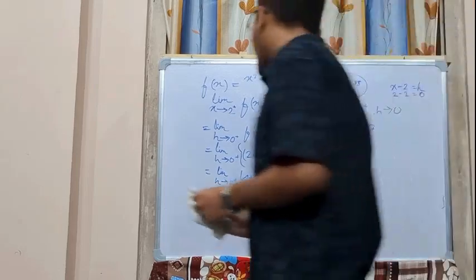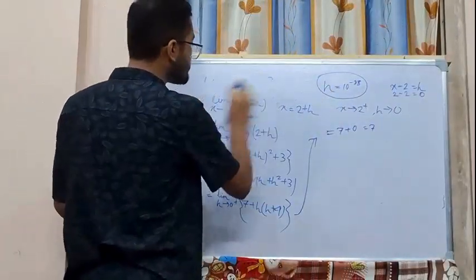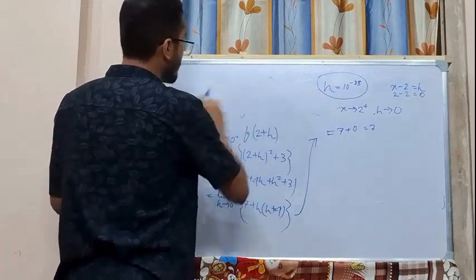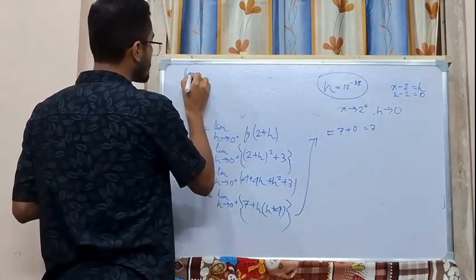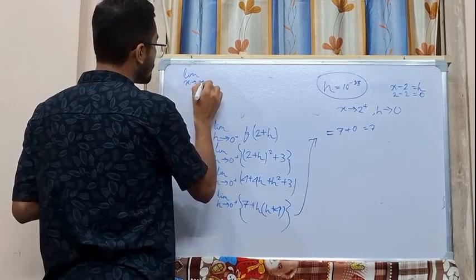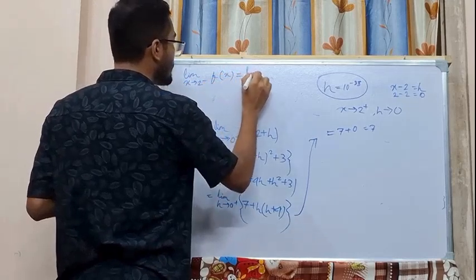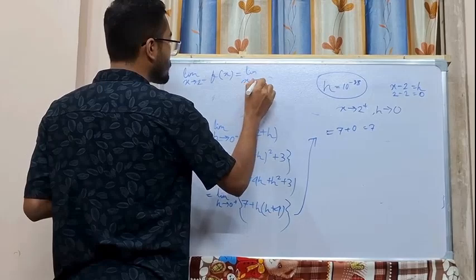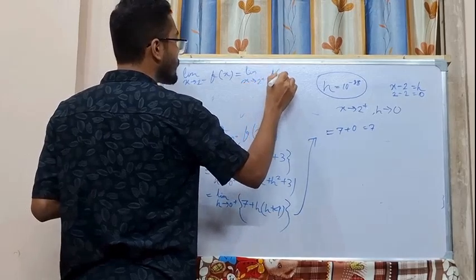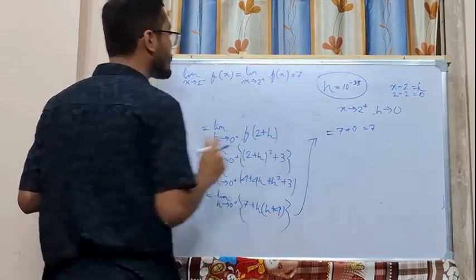So what we have found? We have found limit x tends to 2 minus f(x) is equal to limit x tends to 2 plus f(x) is equal to 7.